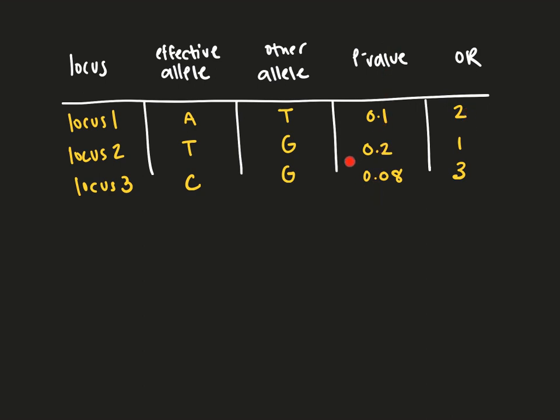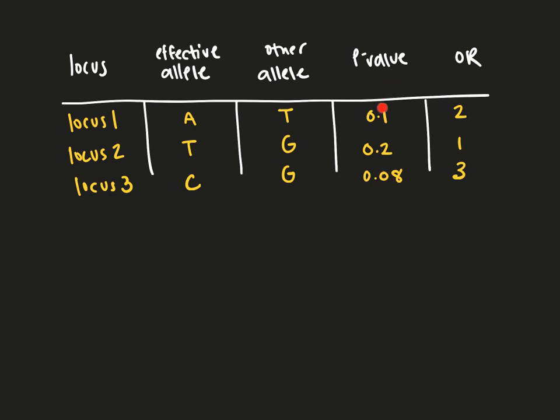So I only put this p-value column in here right now just as a demonstration that I can do this analysis that I'm about to show you for all SNPs. So I get these data from a GWAS study, but now I'm not interested in finding an individual locus that passes some significance threshold.